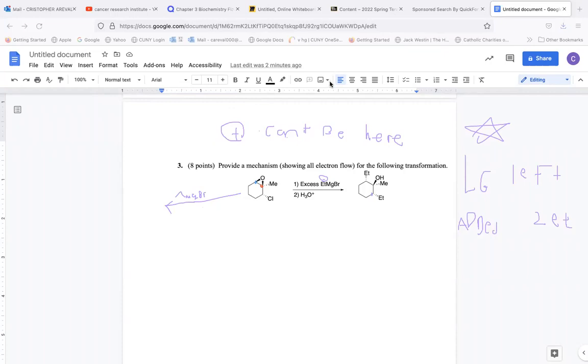So, remember, this guy has a negative sign in Grignards always. So, boom, show the electron flow. That's what we're doing. Let's follow how that looks, so as to not confuse you guys.